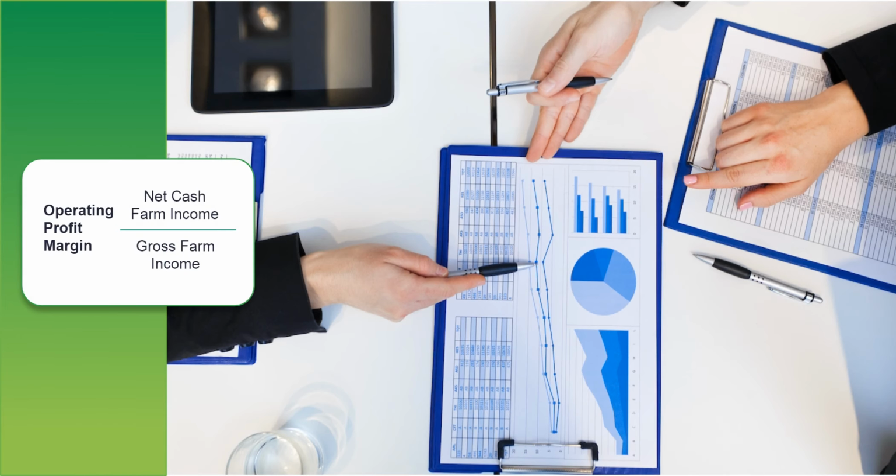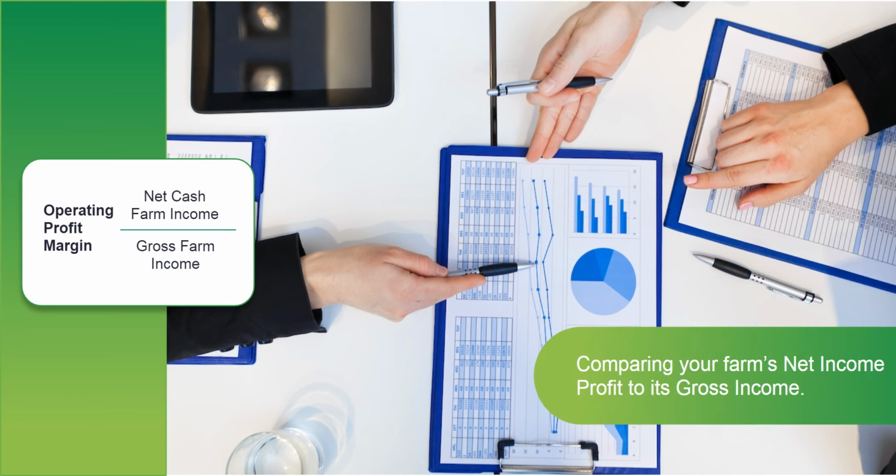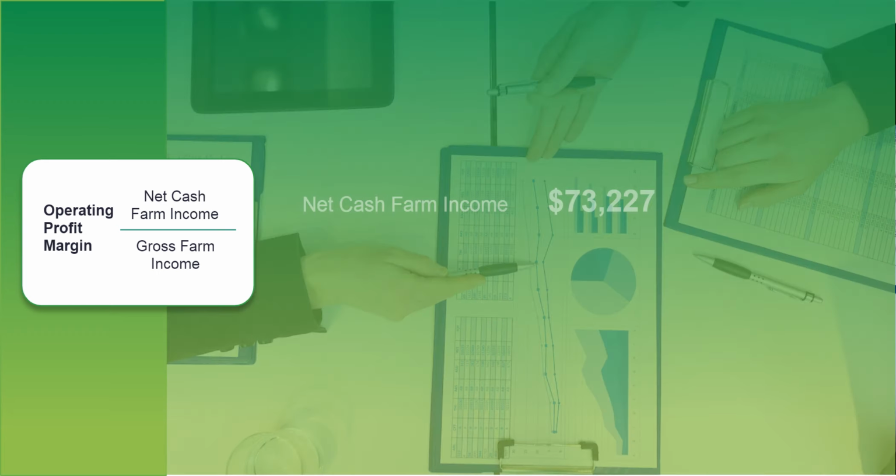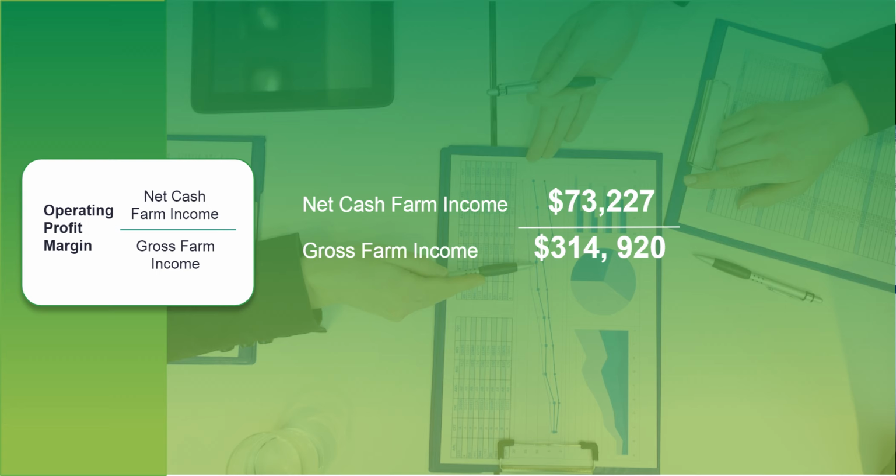Operating profit margin, also called operating margin, measures your operation's profitability by comparing your farm's net income profit to its gross income. For example, if the net cash farm income is $73,227 and the gross farm income is $314,920, the ratio would be $73,227 divided by $314,920, which is 0.2325.